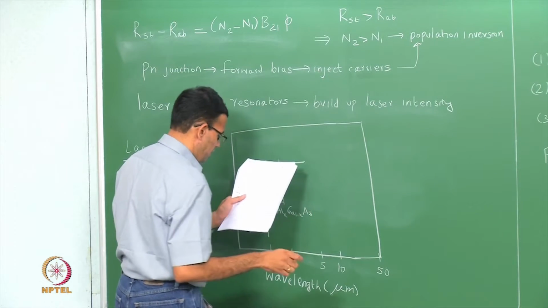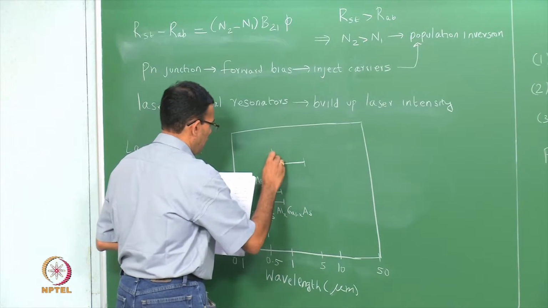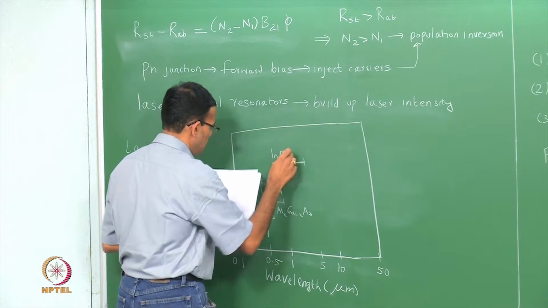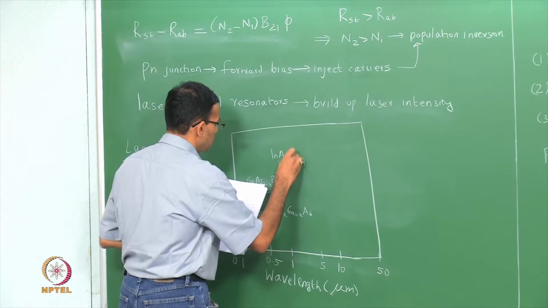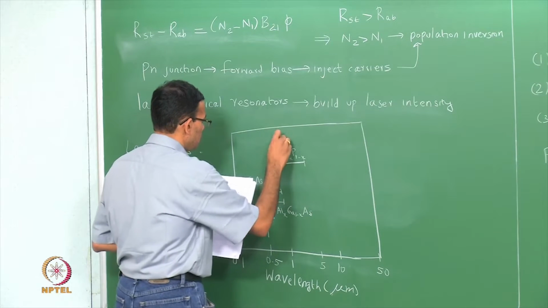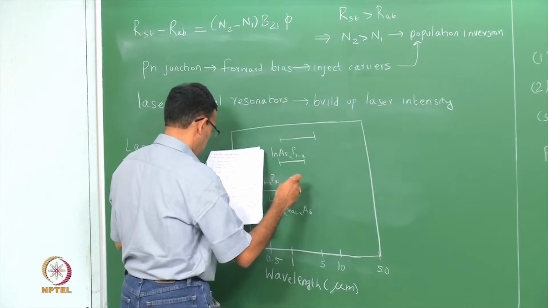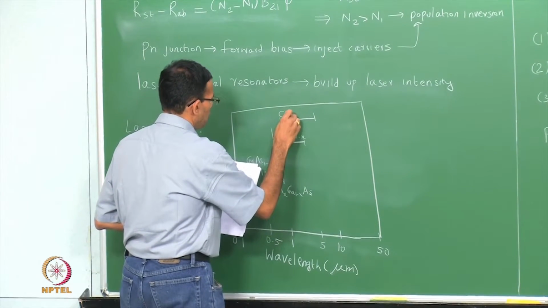For the higher wavelengths or the lower band gaps, you can again have indium arsenide based materials. Cadmium and mercury.